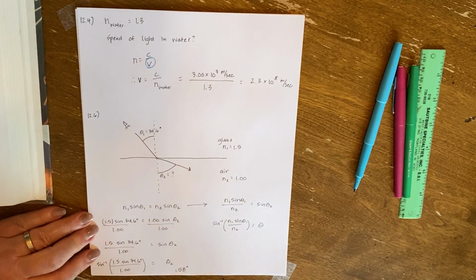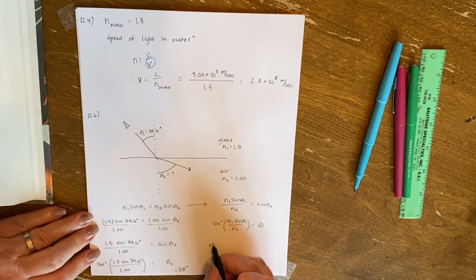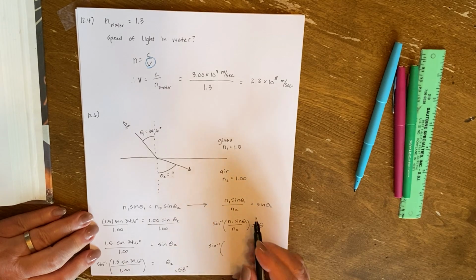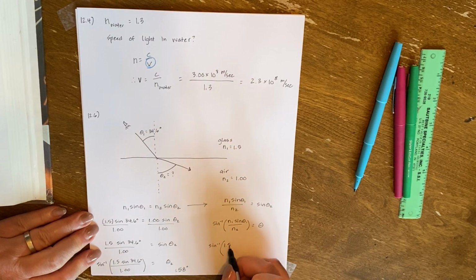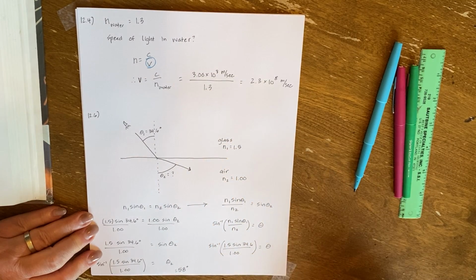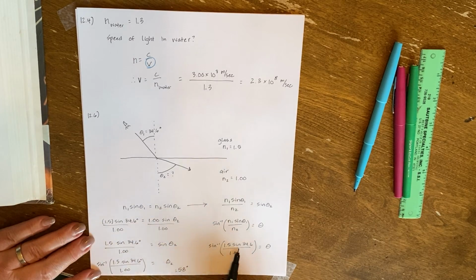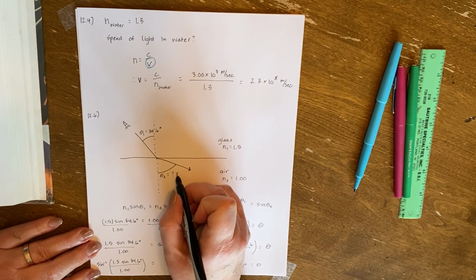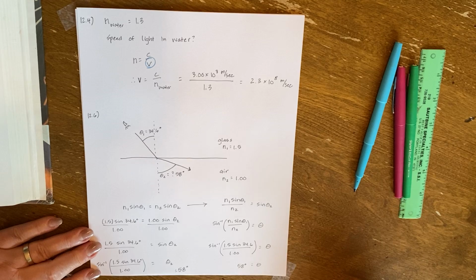And then I can just plug in the values for my variables. So the inverse sine of N1, which is 1.5, times sine of theta 1, 34.6, all over N2, which is 1.00. That equals theta 2. And if you notice, these are the exact same equations. So again, my theta 2 ends up being 58 degrees.